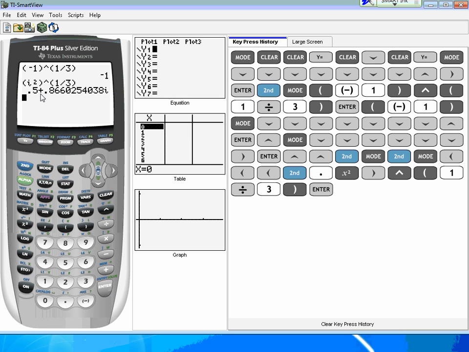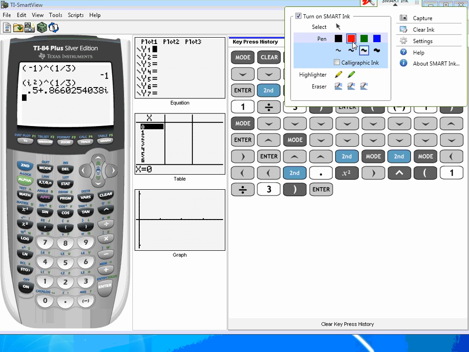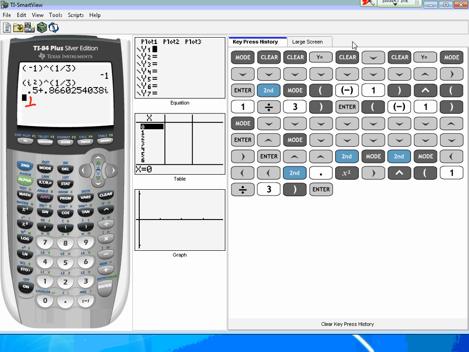And we get 0.5 plus 0.866, blah, blah, blah. And notice way over here on the side, there's an i. And for those of you who are decimal freaks, that might make you uncomfortable, but the rest of us know that 0.5 is 1/2 plus, and the 0.866 is the square root of 3 over 2i.